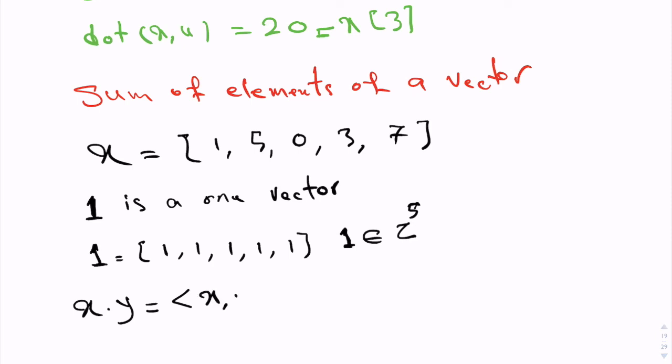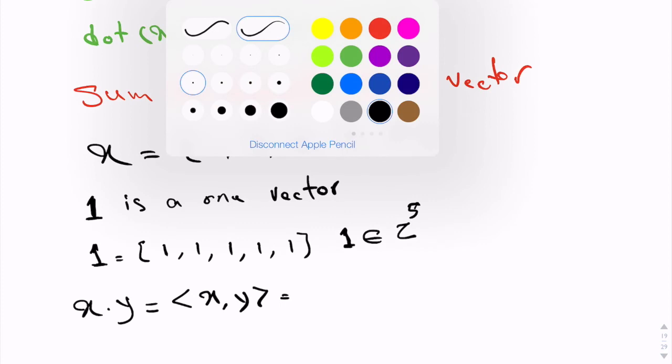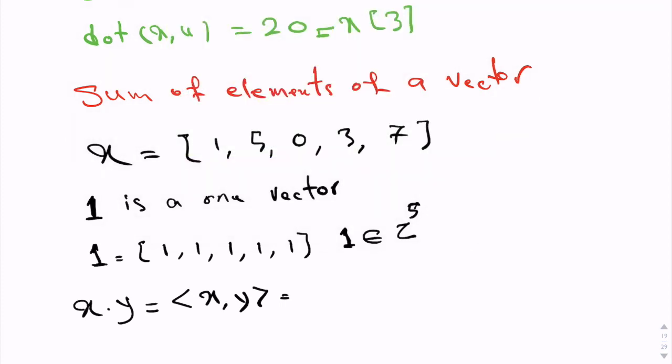The dot product of these two vectors is multiplying element by element: this one by the first, the second, the third element, fourth by fourth, fifth by fifth, and then summing them up.